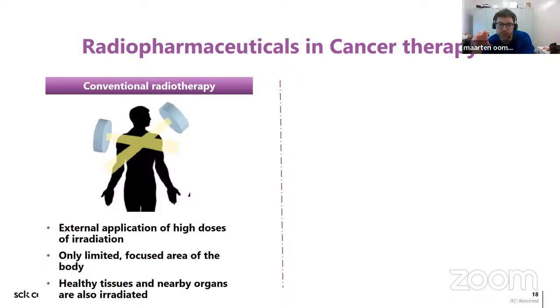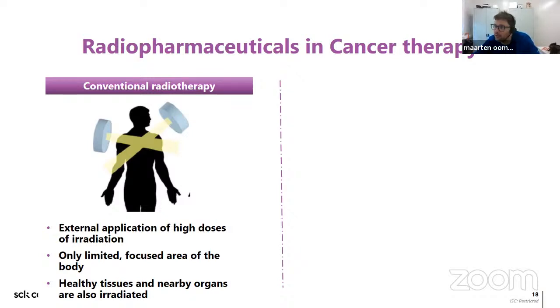They focus on the tumor and irradiate from different angles, but the tissue before and after your tumor will always also obtain quite some damage. You will have a lot of burns and skin burns from irradiation. So that's one of the key complications, or difficulties, here.